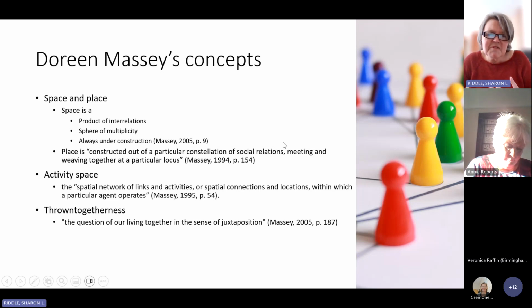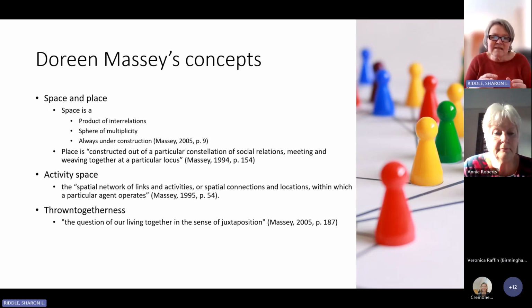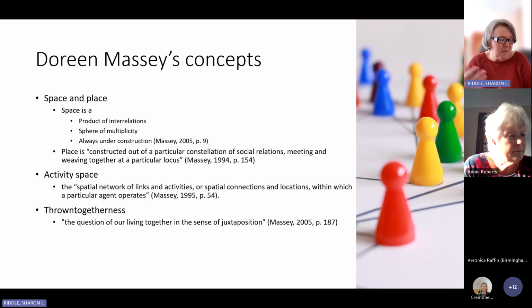She had a concept called thrown togetherness, which represents how, as things come together in one place, everything has to kind of exist together. So you have thrown together places, like an EAP unit, for instance, can be complex, unique, messy sometimes, but also creative.